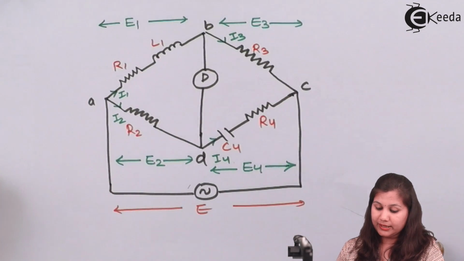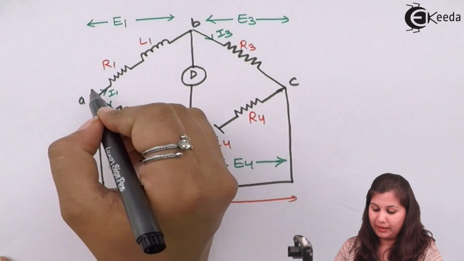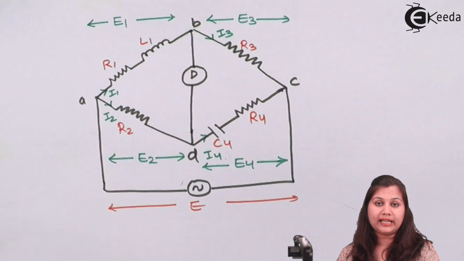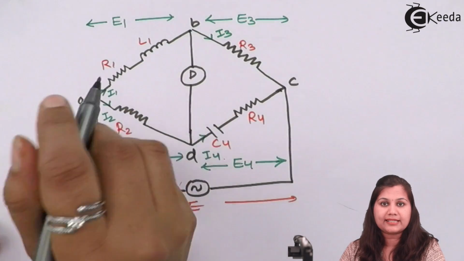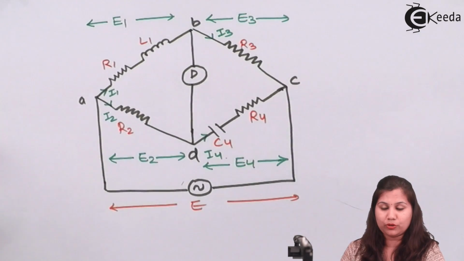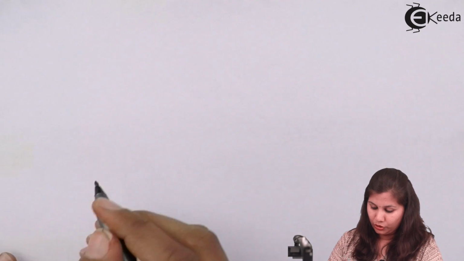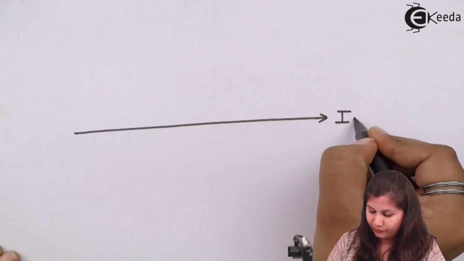Now again coming to the circuit diagram. In the circuit diagram, you can see that we are having the currents in the respective arms as I1, I2, I3 and I4. Now we have to take one phasor as a reference phasor. So we will take this current I1 as our reference phasor, and all the other vectors will be drawn with respect to this. So first we will draw the I1 phasor.